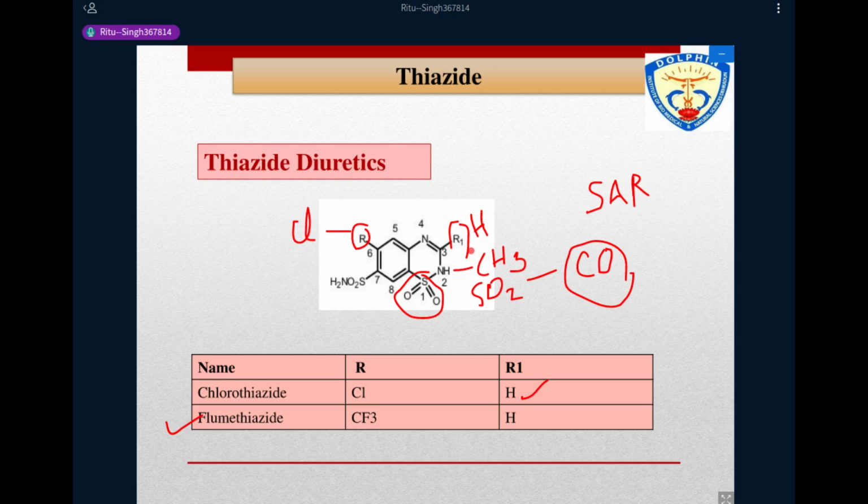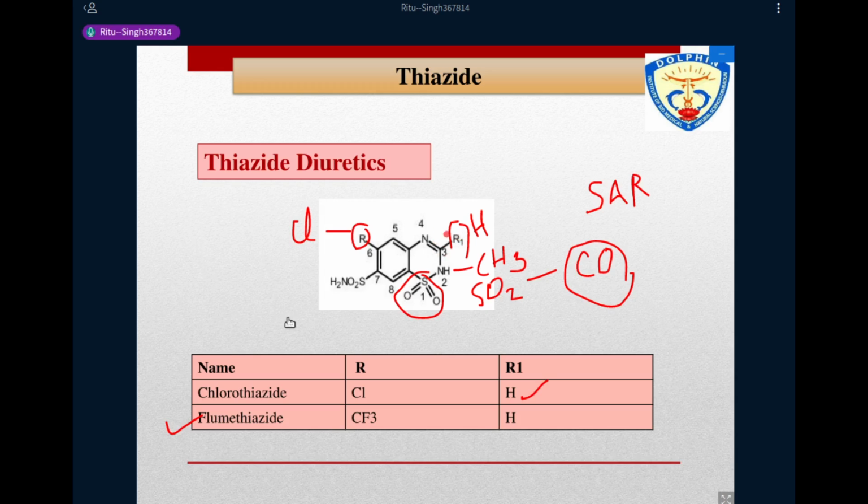Diuretic activity means facilitating the renal excretion of sodium ion. So at the third position, we can add some hydrophobic group to increase the diuretic activity of the drug.